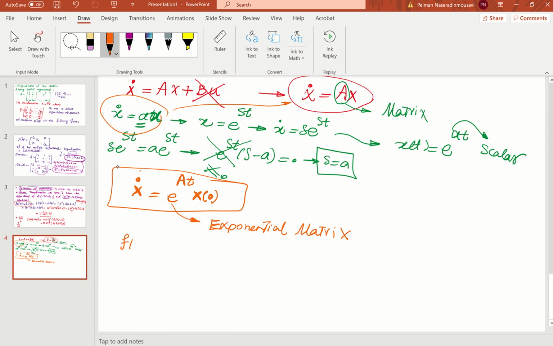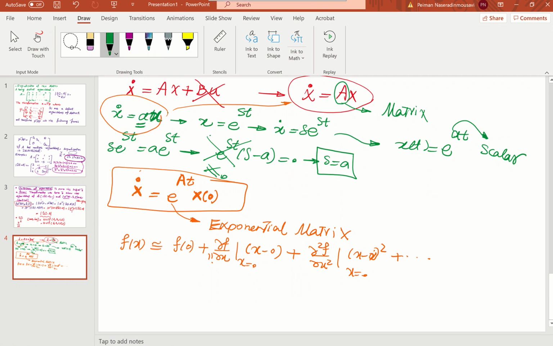Remember that Taylor series expansion: f of x equals f at the equilibrium point plus round f over round x at the equilibrium point, here suppose here is 0, times x minus 0, plus 1 over 2 factorial round second f over round x square at x equals 0 times x minus 0 to the power of 2, and continues, right?